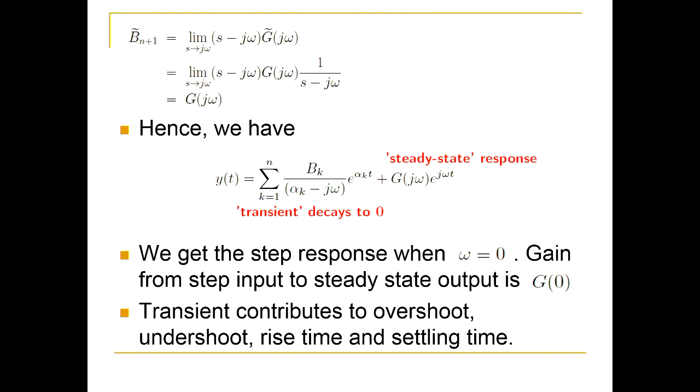But steady state is determined in this case just by the frequency of the input signal omega and the transfer function. You see, G is the transfer function, and omega is the frequency of the input signal. So if you know the frequency of the input signal and you know your transfer function, that completely tells you what happens in steady state when you apply sinusoidal inputs to the system, right?